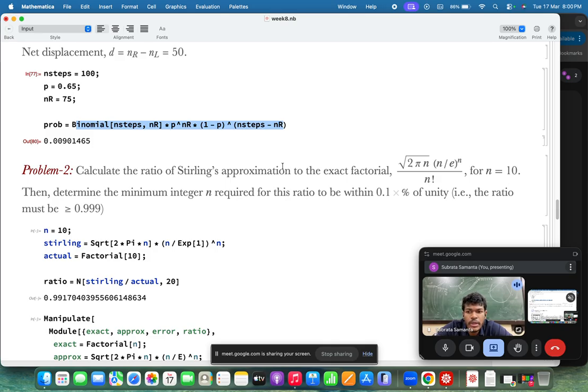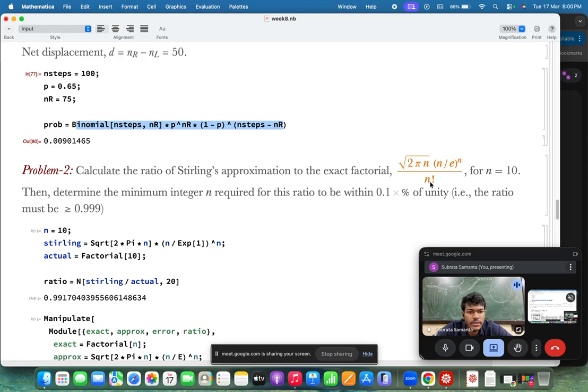In problem 2 we calculate the ratio of the Stirling approximation to the exact factorials. What is the Stirling approximation?